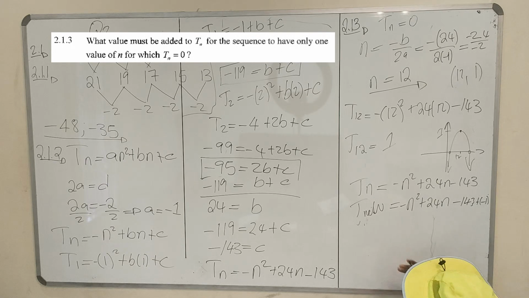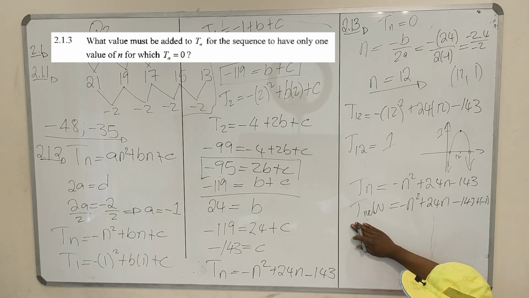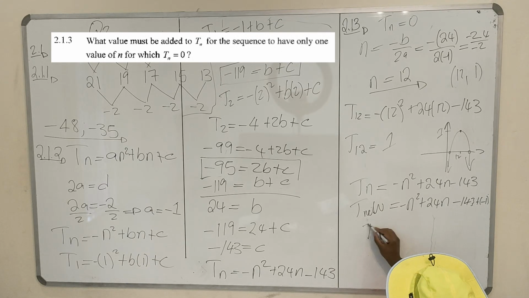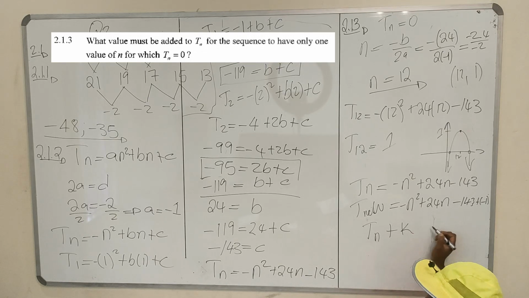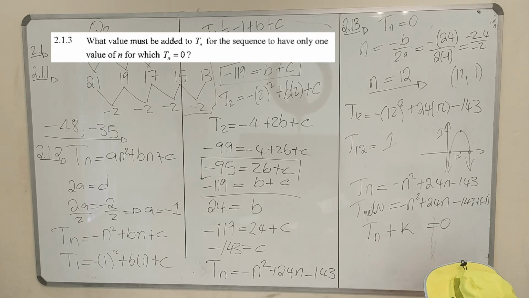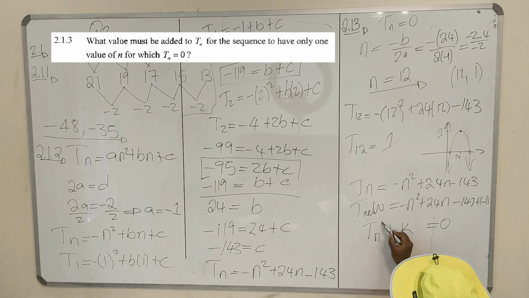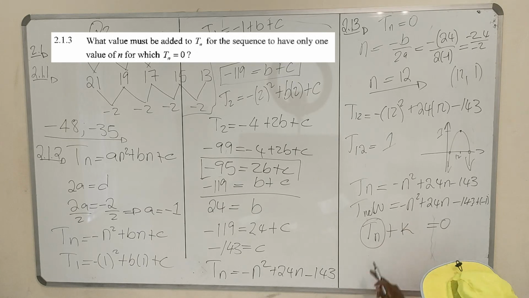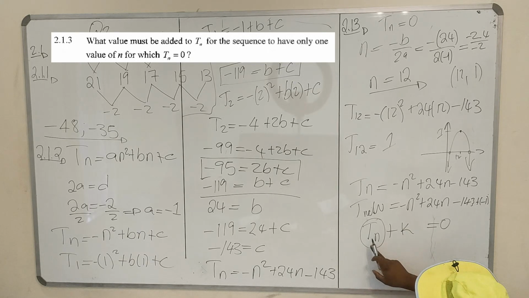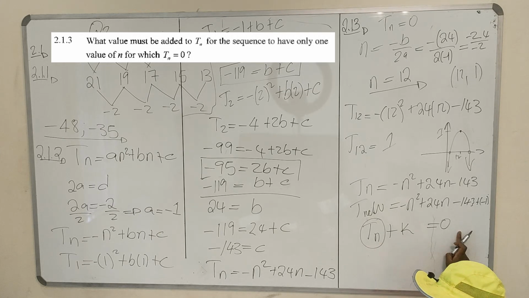Do you understand? So for someone else who doesn't know, you can say, okay, my Tn plus k, whatever k, I want it to be 0. Are you with me? Then what you're going to put here is your largest value of your sequence, so that when you add this, you get 0.